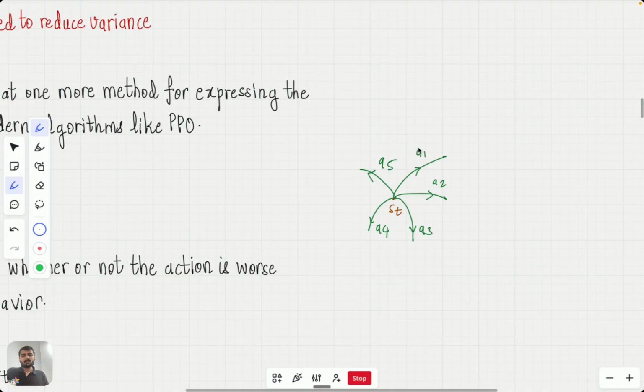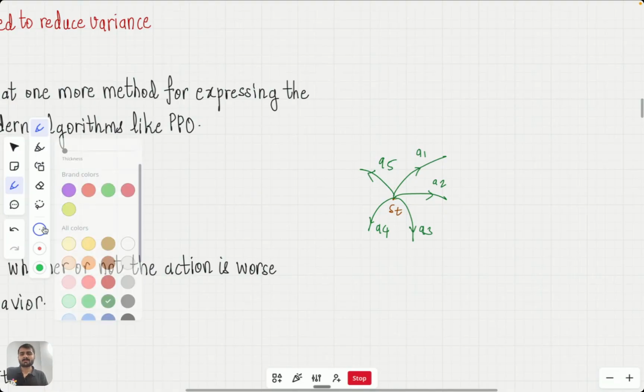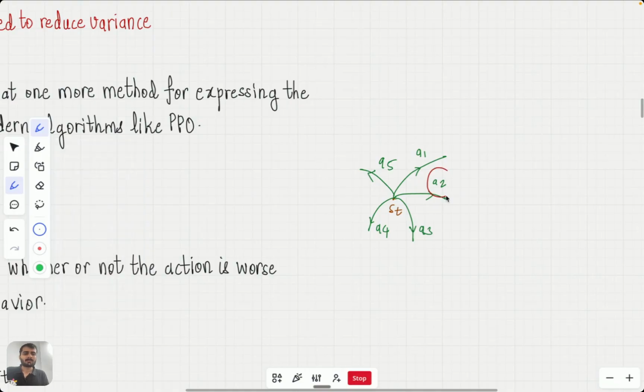But by the way, you are following the current policy at the moment, and let's say in that policy you are choosing the action A2, and when you choose the action A2, you are getting an expected reward of, let's say you add up all the rewards you get in the future after choosing action A2, you are getting an expected reward of 50.